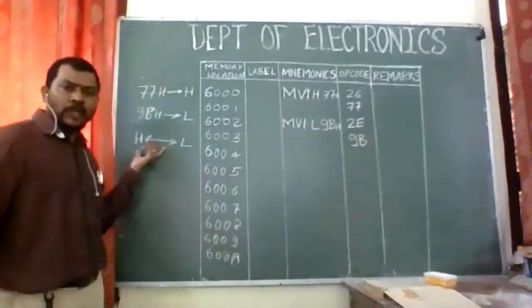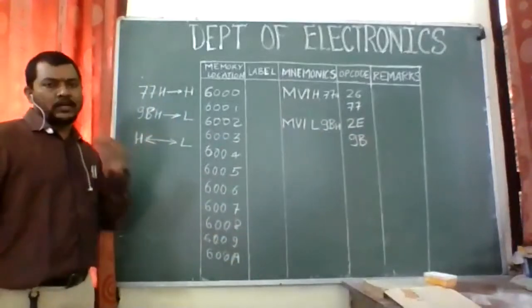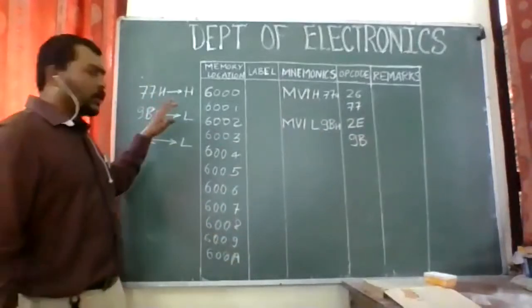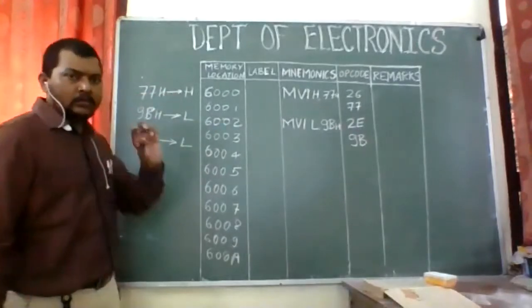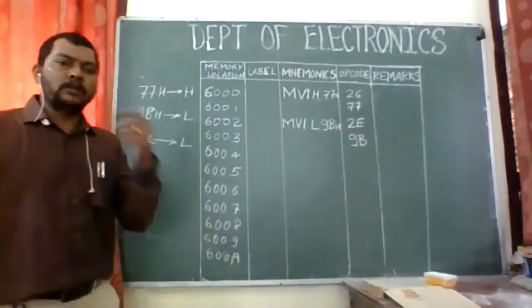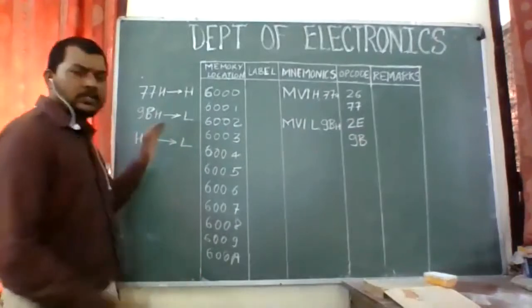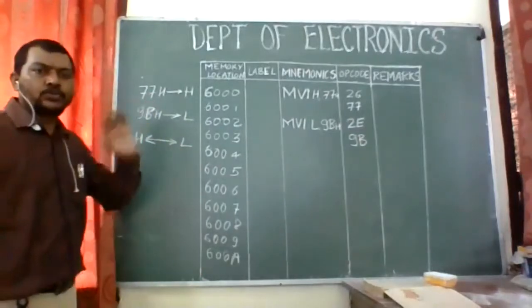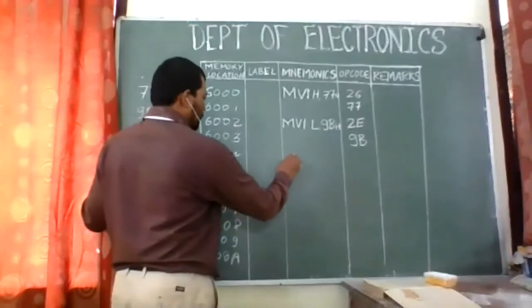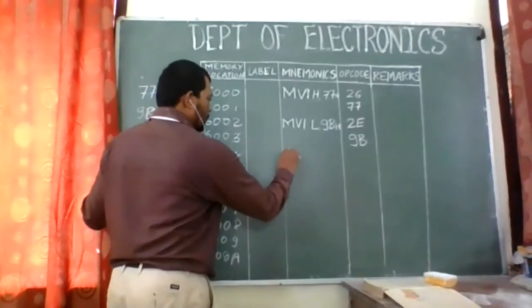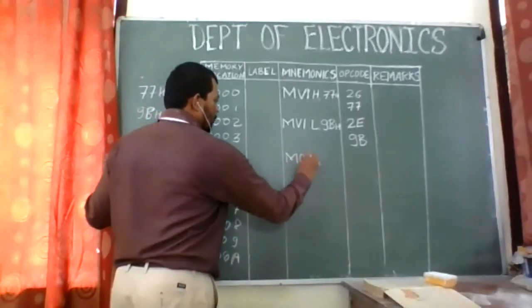Now we have to interchange, we have to move the data. But for that, we will need to store this data, that is 77H, for a while in some other register. So I have to move this data 77H to some other register, right? So I will use some other register.